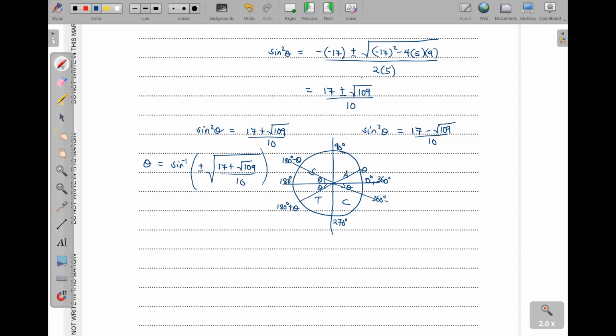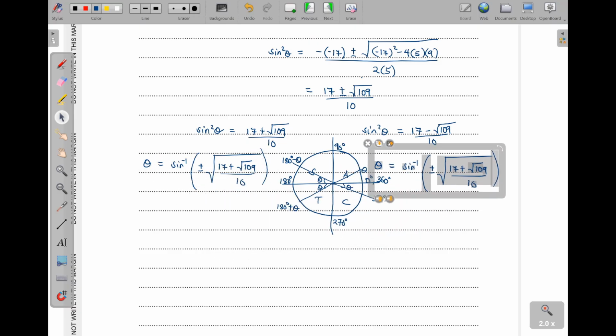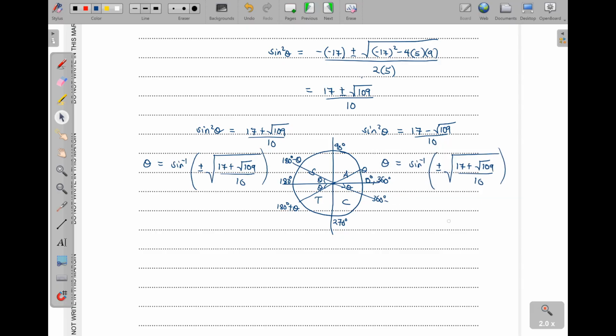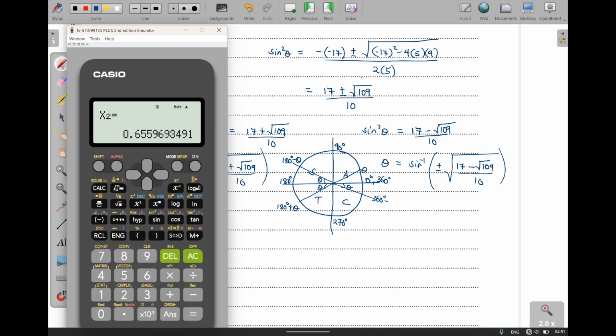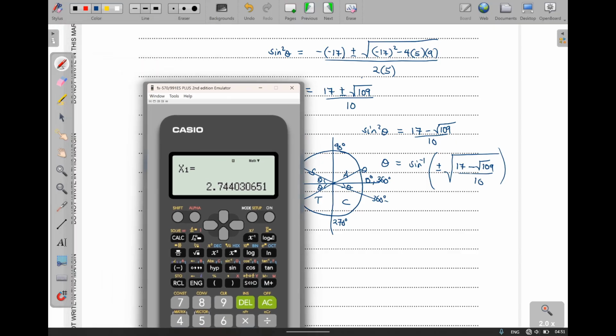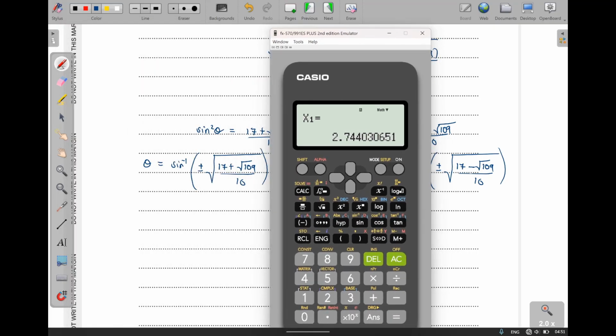Okay, the same thing we are going to have on this other side here. Okay, theta will be that. However, I'll just change this one here to a minus. If the value is greater than 1, that means its square root is also going to be greater than 1, and sine does not go beyond 1.